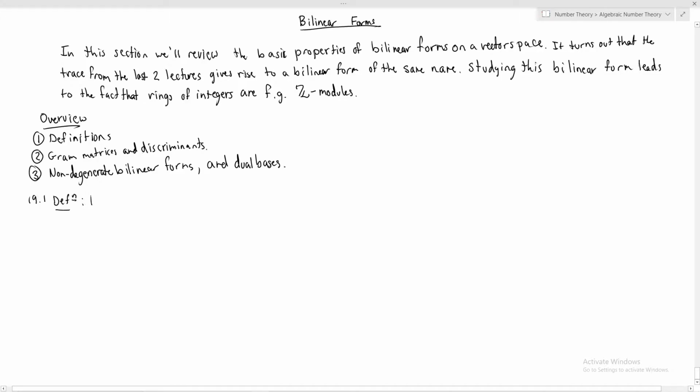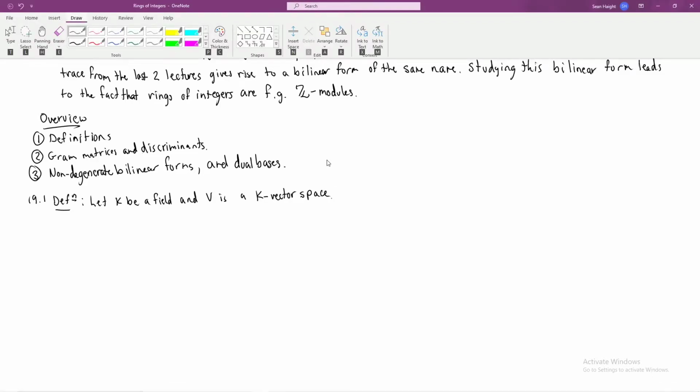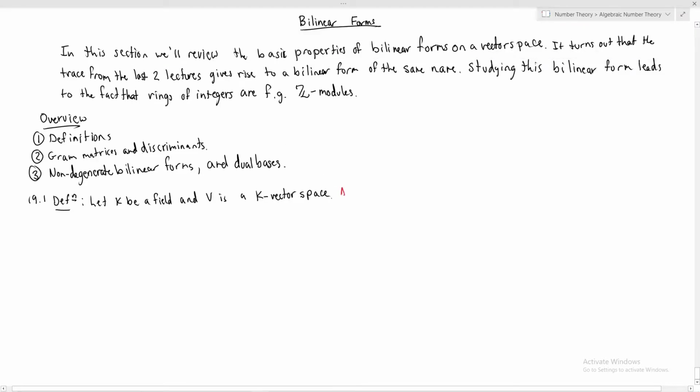Let K be a field, and let V be a K-vector space. A bilinear form on V is a bilinear map.